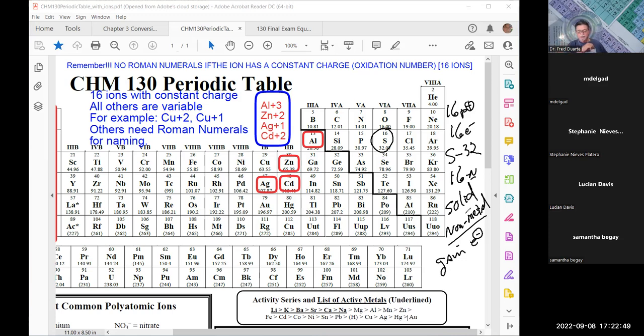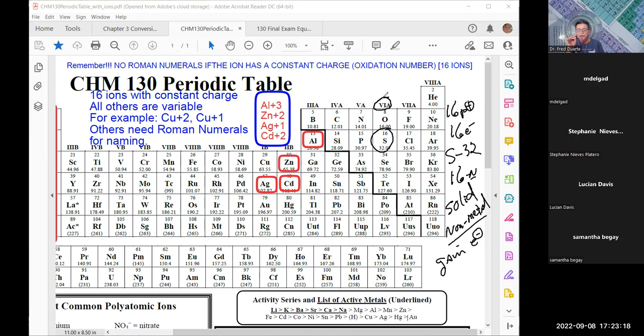Now, here's the $1 million point question. Can anybody tell me, yes, it's going to gain, but how many electrons is it going to gain? There's a specific number that it's going to gain. In fact, everybody, I'll give you a hint.